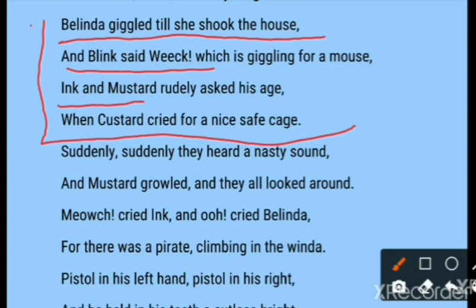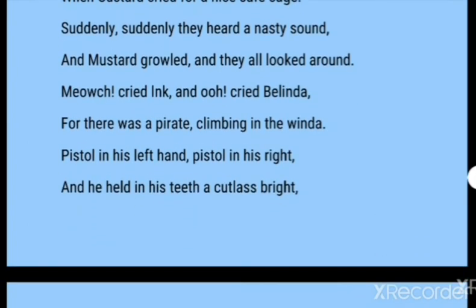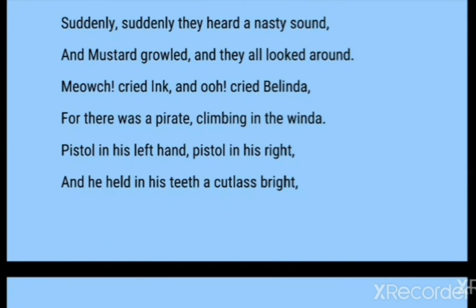And here these words, giggled and weak, are onomatopoeic words. And then we have a repetition of the word custard, which has been used here again. So this is another technique, that is repetition.